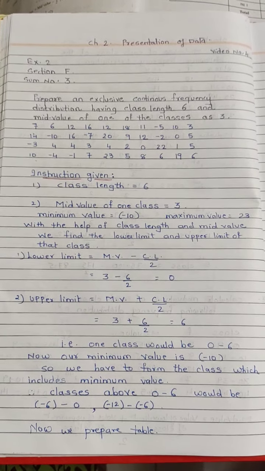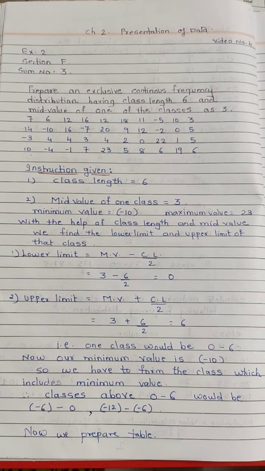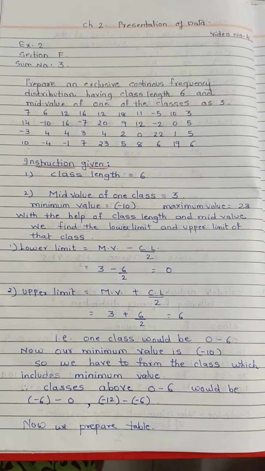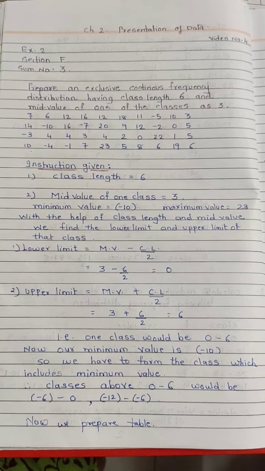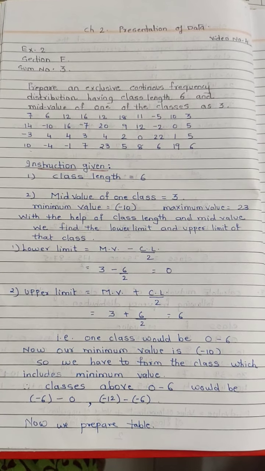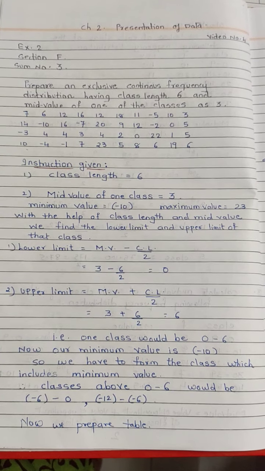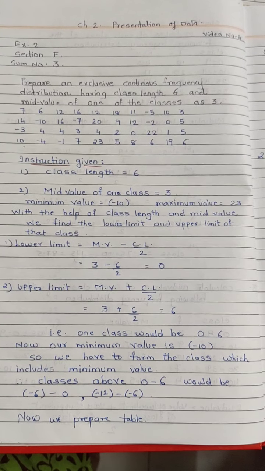So first of all, we write down what instruction is given to us. In the sum, the instruction given to us is class length, which is 6, and mid value of one class, which is 3. So with the help of these two instructions, we are going to prepare our frequency distribution.